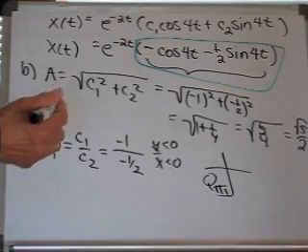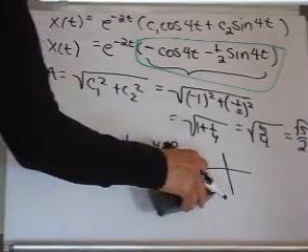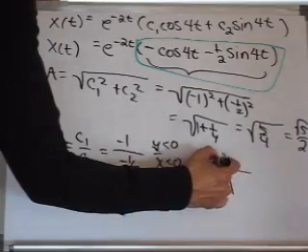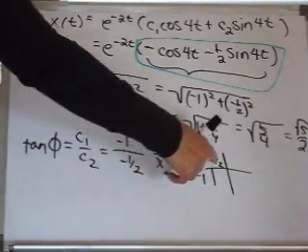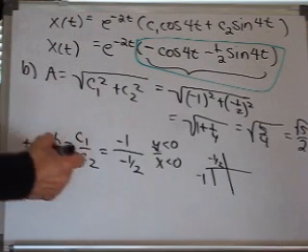Okay, so I actually can draw that angle in. That is not going to be any special triangle. If I have y negative 1, x negative 1/2, it's not going to be a 45, 45, 90 because the legs aren't the same. It's not going to be a 30, 60, 90 because the long leg isn't root 3 times the short leg. So we're going to have to use a calculator.